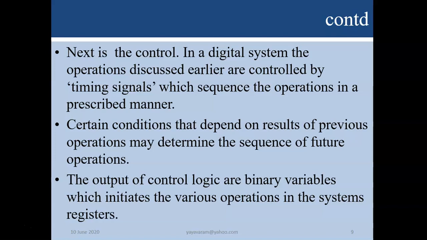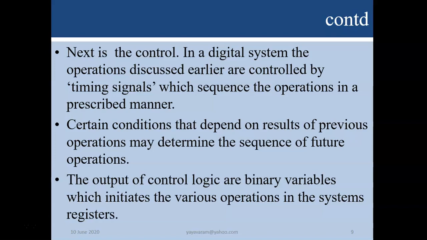We'll discuss this further. Certain conditions that depend on results of previous operations may determine the sequence of future operations. That means, based on the output of a register, it may become input for the next register or next device. So it may decide the future operations also.